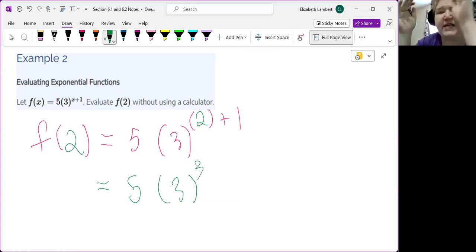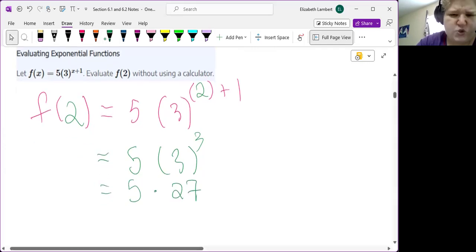Anytime we have an exponent, the whole exponent is considered its own set of parentheses. Until it's down to a single number, you have to use other things to simplify it. So now I have a base raised to a power, exponent next, so 3 to the third is 27.